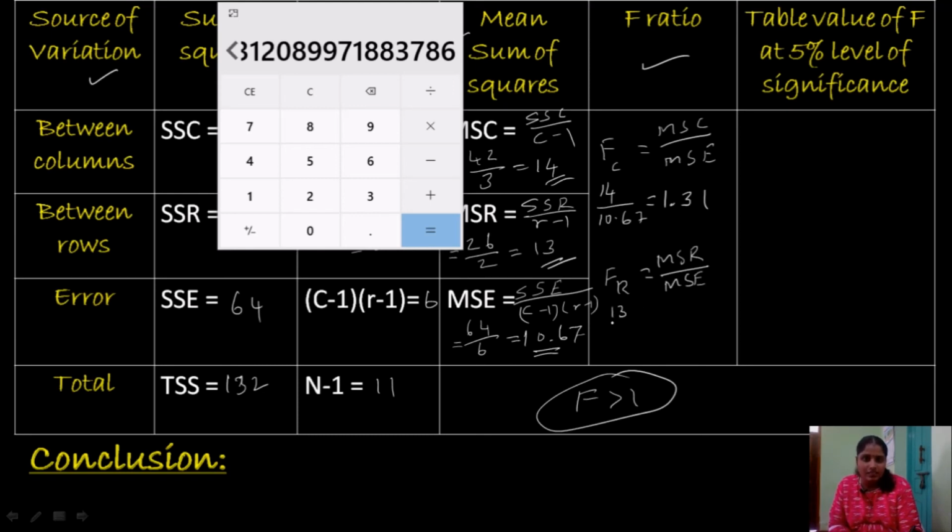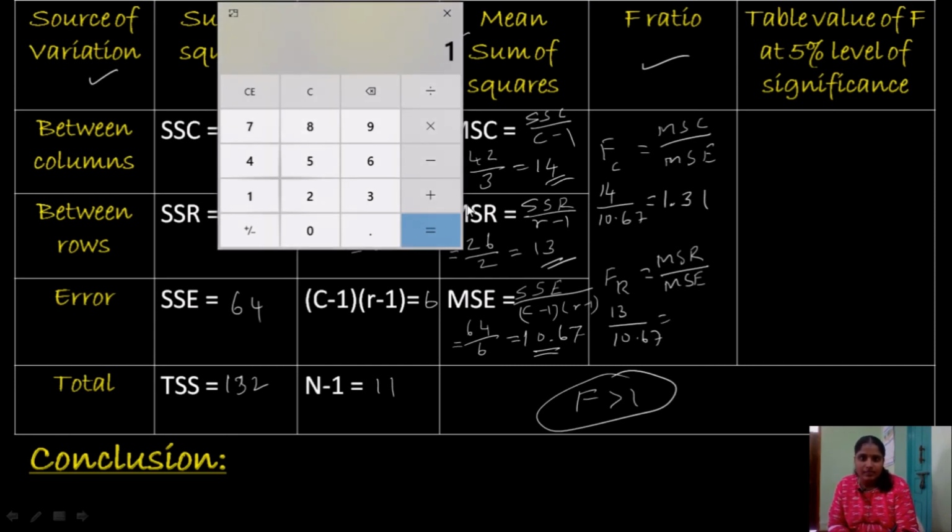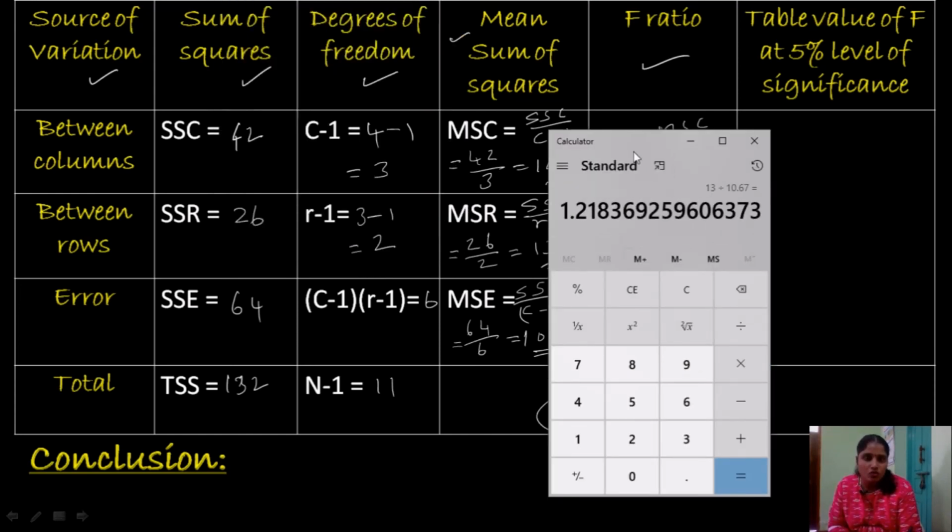MSR is 13 over 10.67. By taking the ratio of 13 by 10.67, we get 1.2183, and so on. I have to take up to two decimal places, so 1.22.